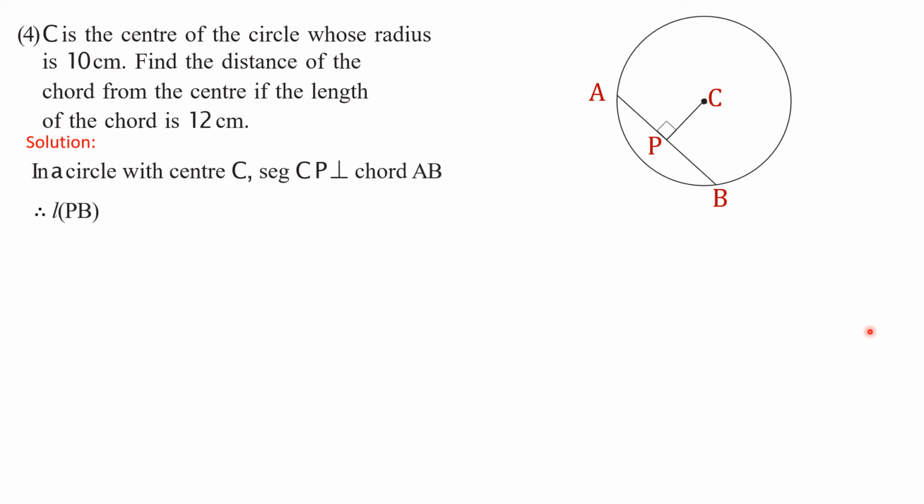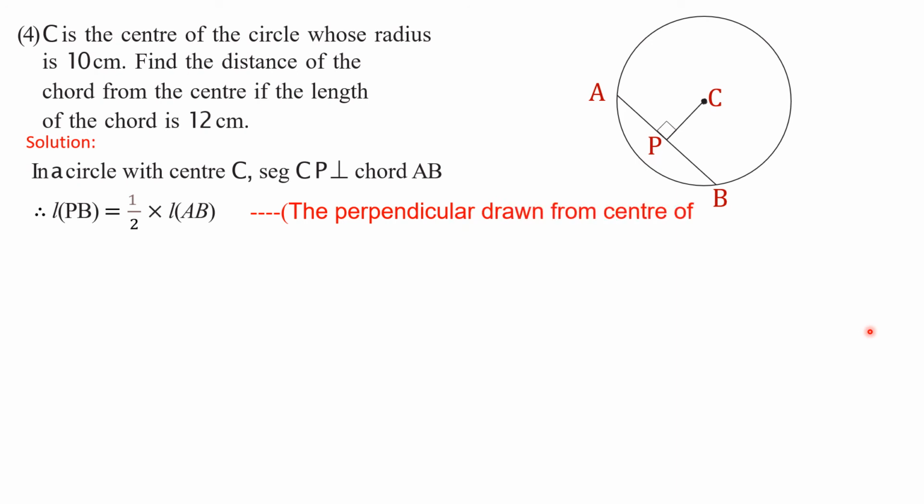Therefore, length PB is equal to half into length AB. Write down the reason. The perpendicular drawn from the center of a circle to the chord bisects the chord.